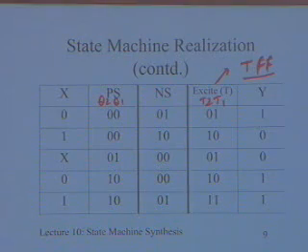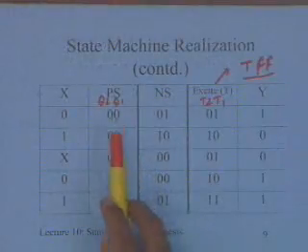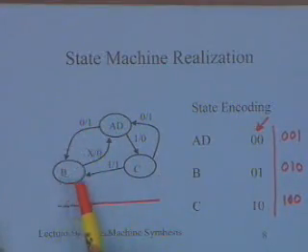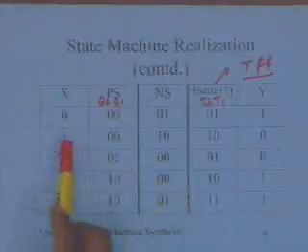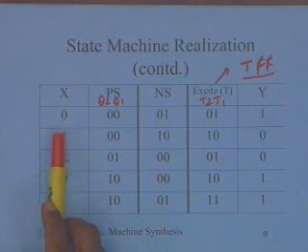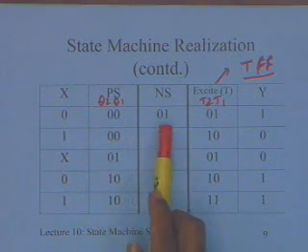If I am in present state 00, which is nothing but AD, and I have an input 0, I go to B. What this translates into is a row over here. Each of the edges will translate into a row in this table: 0, 0, 0. The next state is 0, 1.